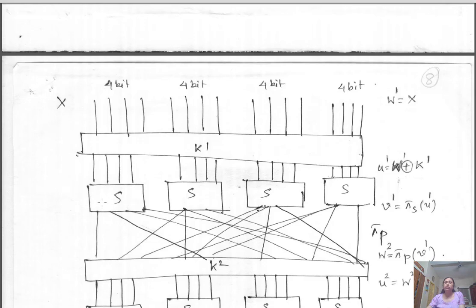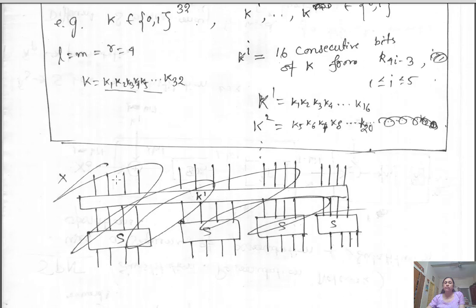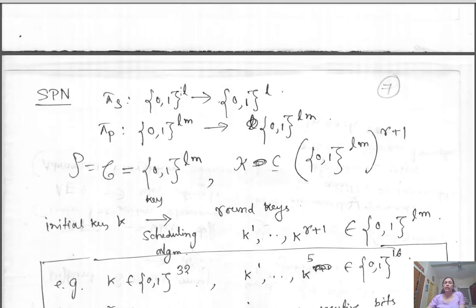Now your substitution box is 4 bit to 4 bit. Any 4-bit string here corresponds to an element encoded in hexadecimal. So this 4-bit string corresponds to another 4-bit string, one hexadecimal place to another hexadecimal.